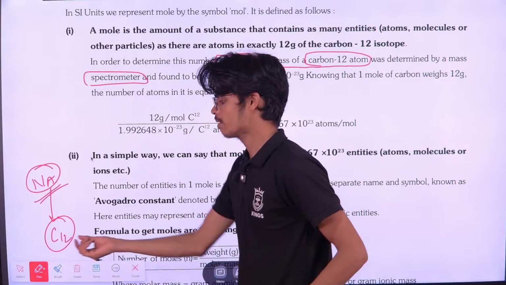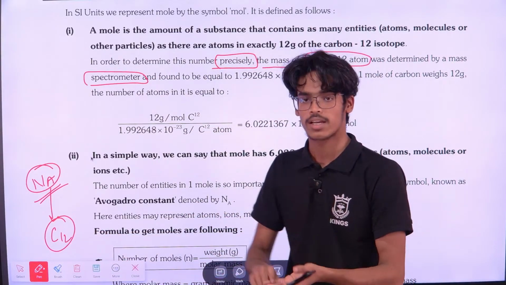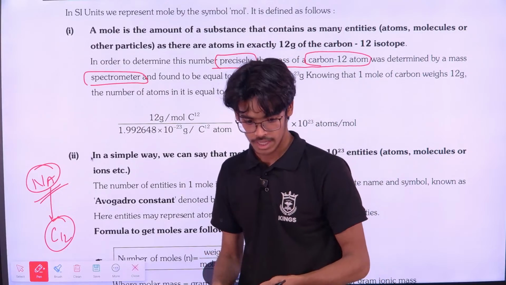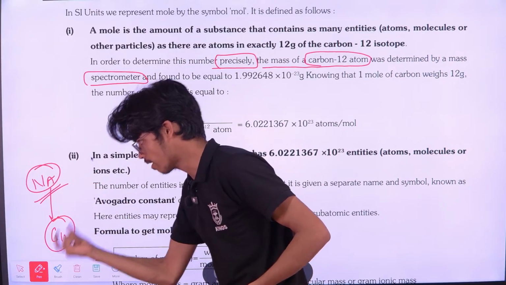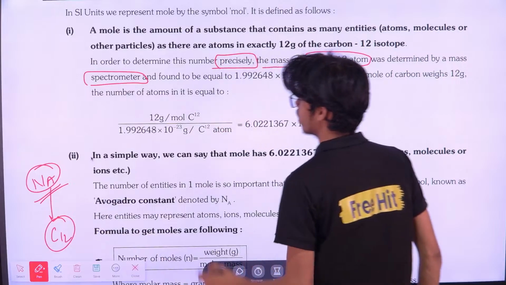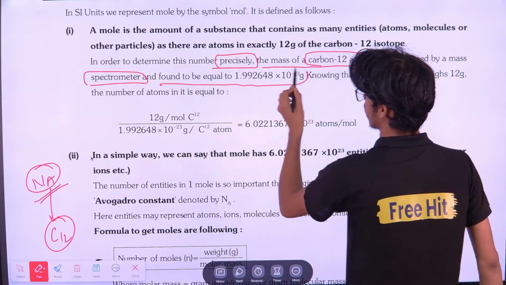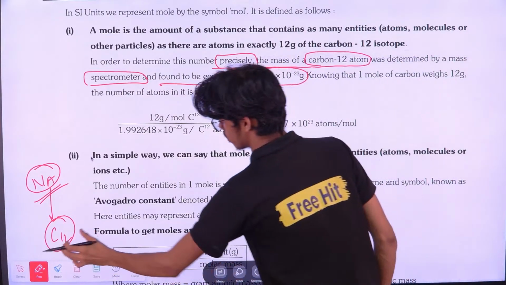Why am I saying carbon 12? Because there are other isotopes of carbon as well, carbon 13 and carbon 14. Among those types of carbon we are taking carbon 12. We found the mass of carbon 12 to be equal to this much grams. Got it? So one particle is equal to this much gram.